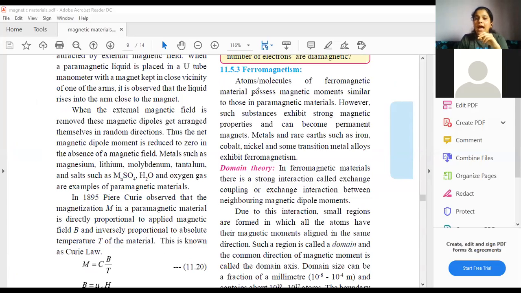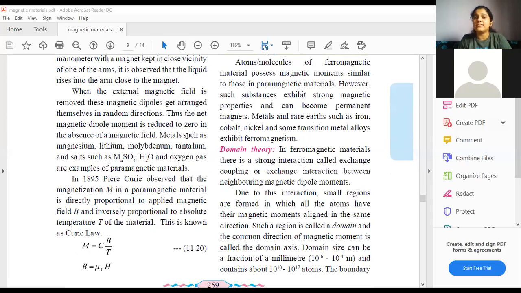Atoms or molecules of ferromagnetic material possess magnetic moment similar to that of paramagnetic materials. All right, this part is not important. Let's move ahead. Students, you can mark this point. Here they have written the types of materials that are ferromagnetic or that show ferromagnetism. So you can see iron, cobalt, nickel, and some metal alloys.